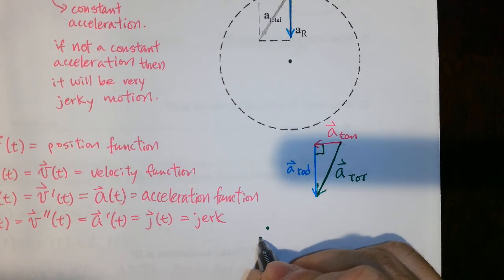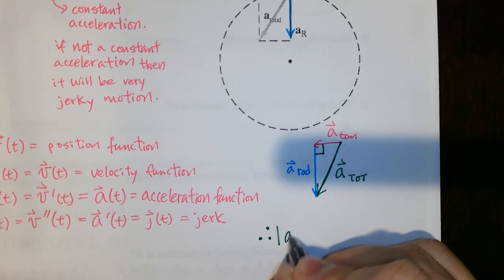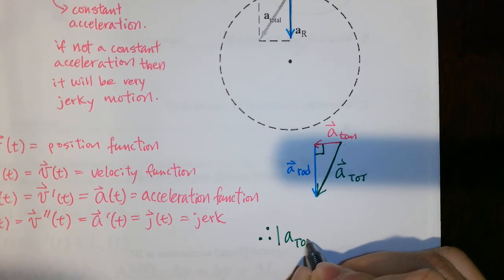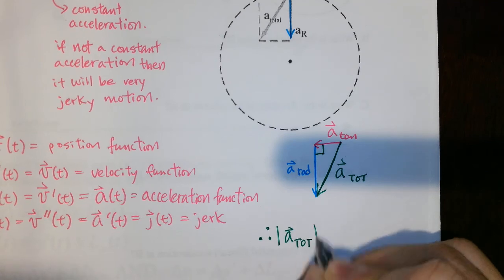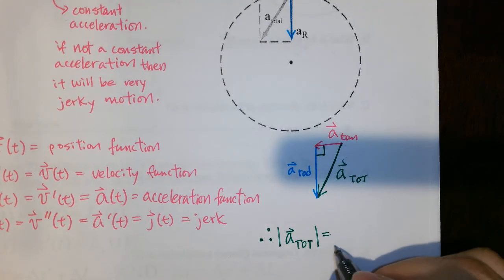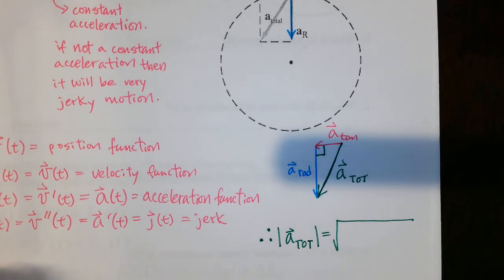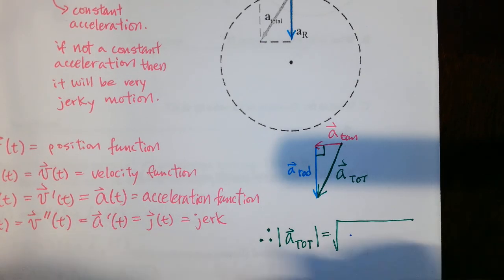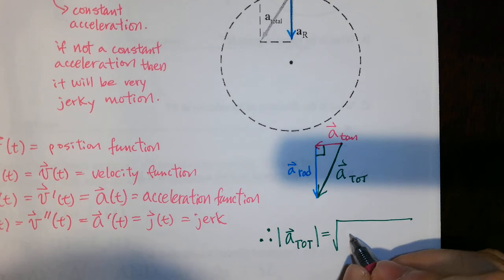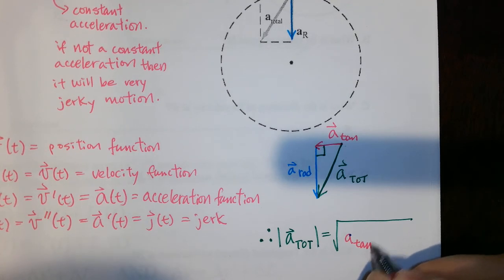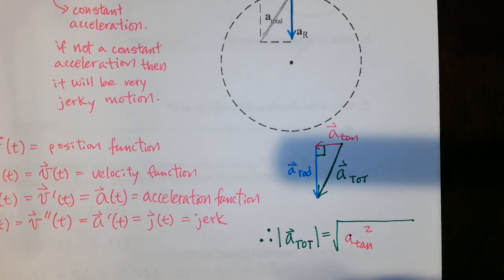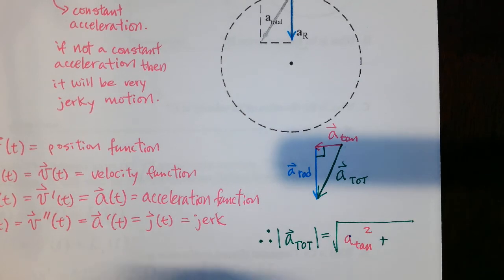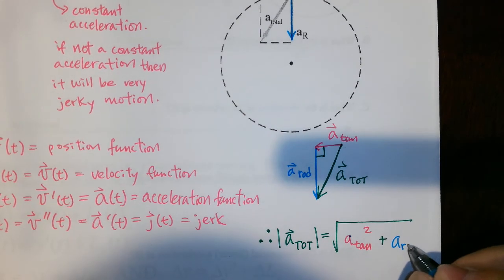Therefore, the magnitude of my A total is equal to the square root of, you know what it is, A tangential squared plus A radial squared.